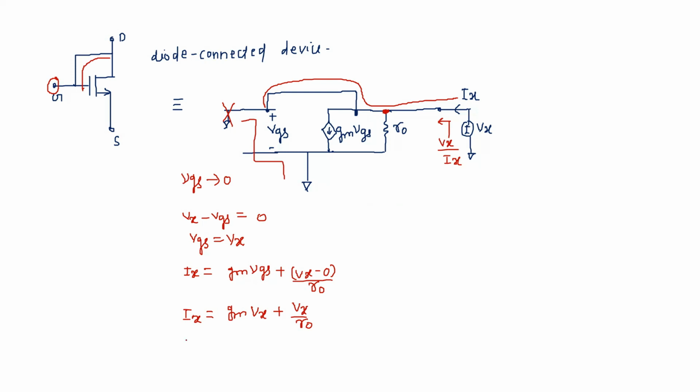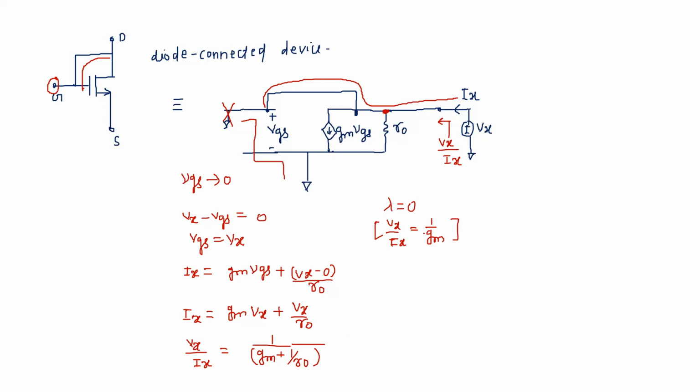From this expression, we get Vx by Ix is equal to 1 upon gm plus 1 upon r0. If channel length modulation is not considered, if lambda equals 0, we get Vx by Ix equal to 1 upon gm.